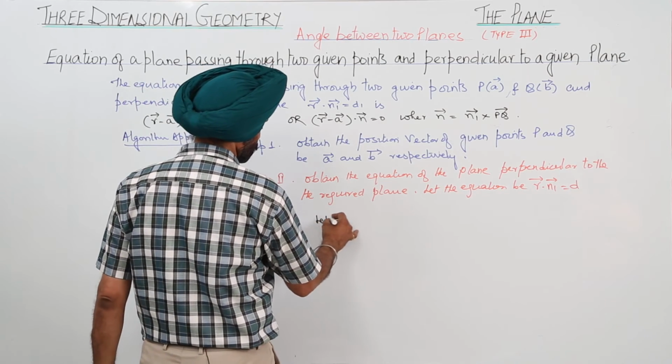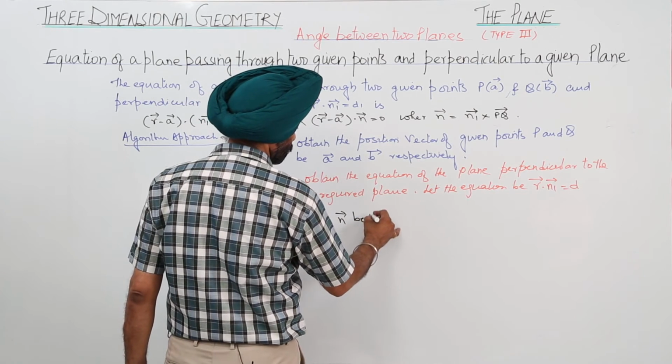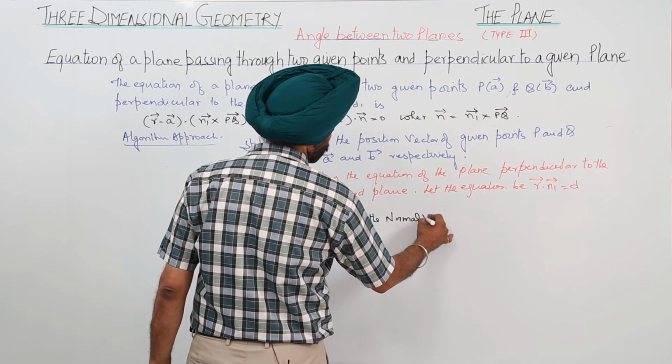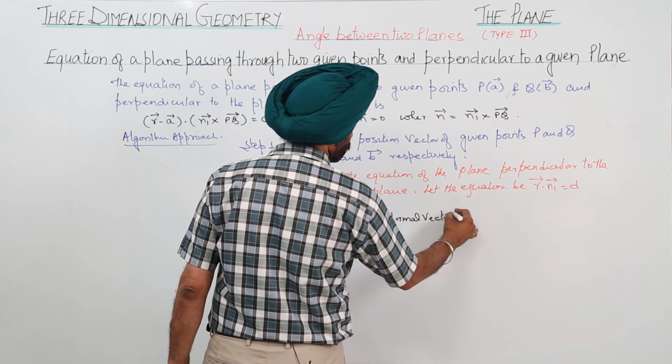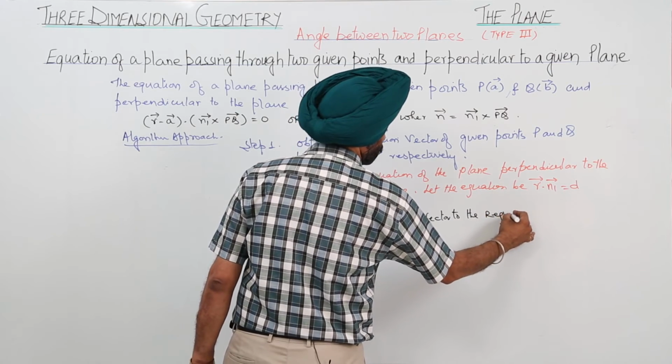Step number 3. Let vector n be the normal vector to the required plane.